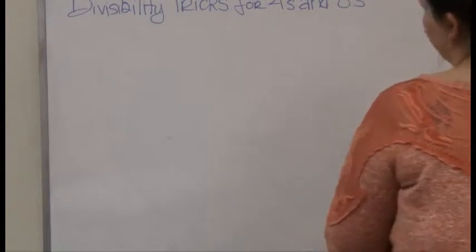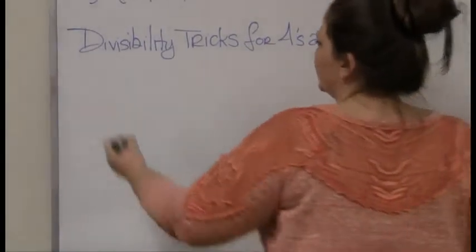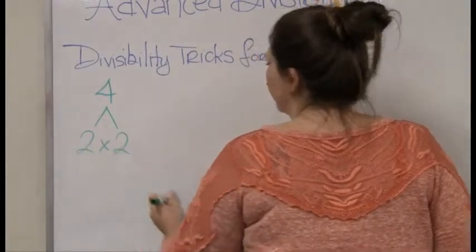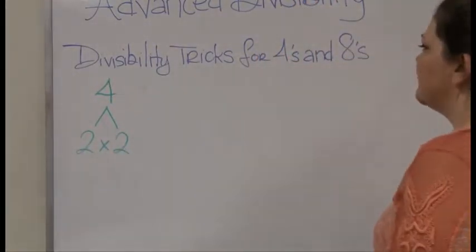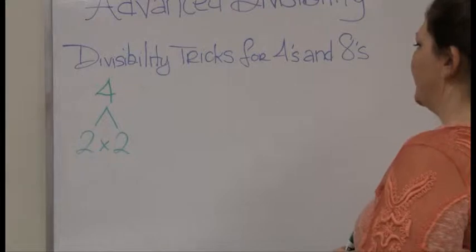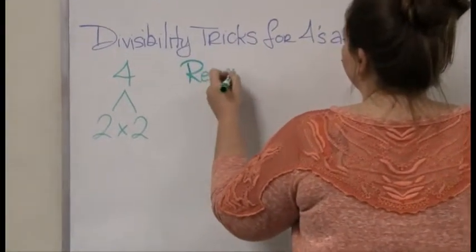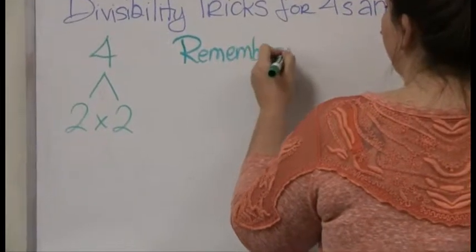So the 4's trick is going to remind you of the 2's trick, and it makes sense because we know what 4 is made of. 4 is the same as 2 times 2. Because of that, 4 is going to behave much like a 2. So you can remember that 2 was a final digit trick.